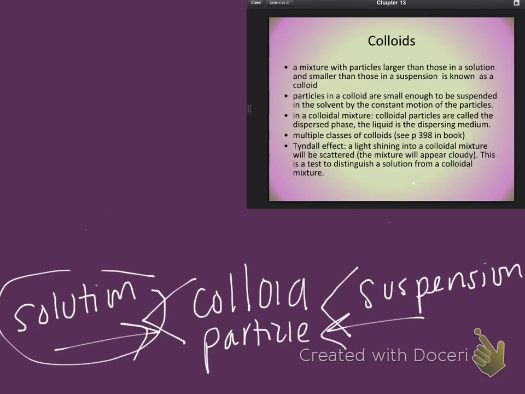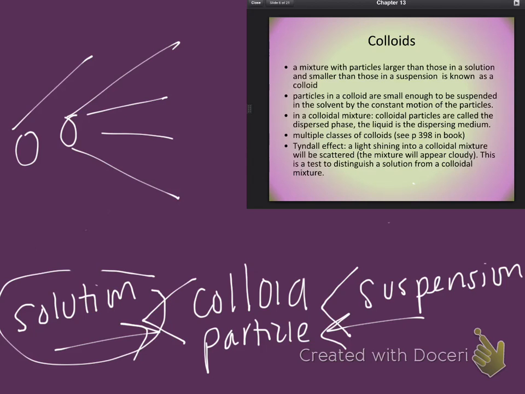Fog. So your headlights in fog, that's the perfect representation of the Tyndall effect. If you have seen that effect, where your light is all scattered by the fog, that's the Tyndall effect. And that's how you can tell if a mixture is a solution or a colloidal suspension.